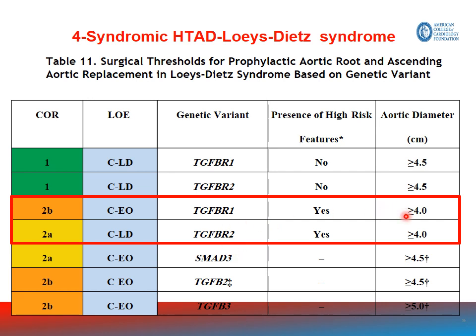But we can intervene even at an aortic diameter as low as 4 cm if there is evidence of high risk criteria for aortic dissection and the genetic variant is either transforming growth factor beta R1 or transforming growth factor beta R2.